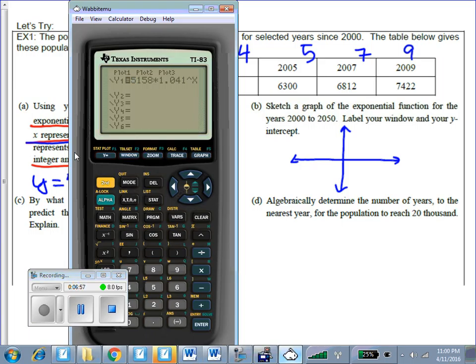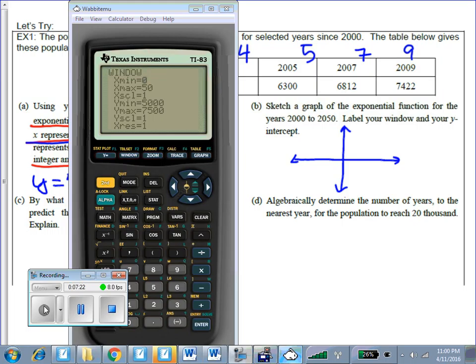The next thing I need to do is go to window, because it specifically says for me to have the years 2000 to 2050. So that means my x's should be from 0 to 50, because I put the x's in as years since 2000.